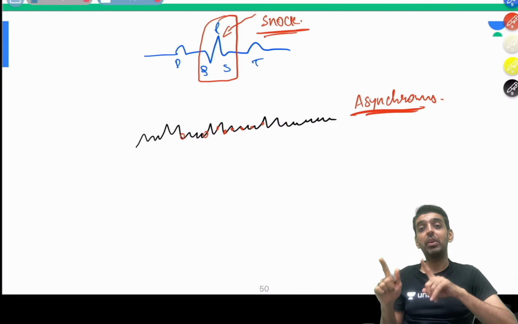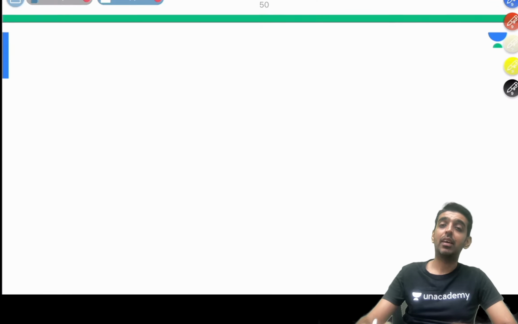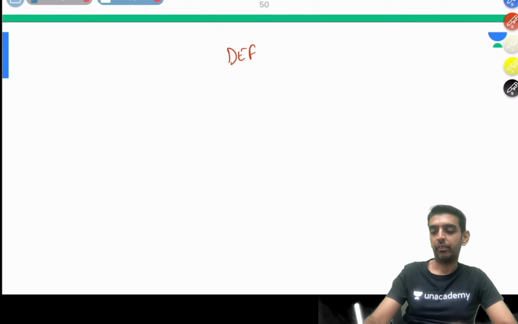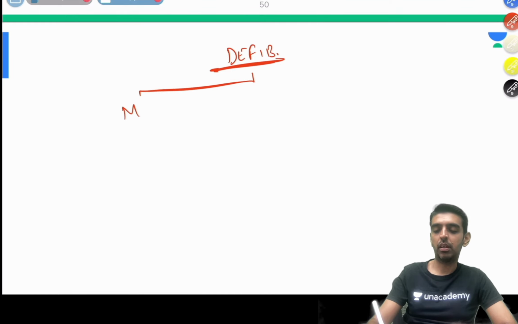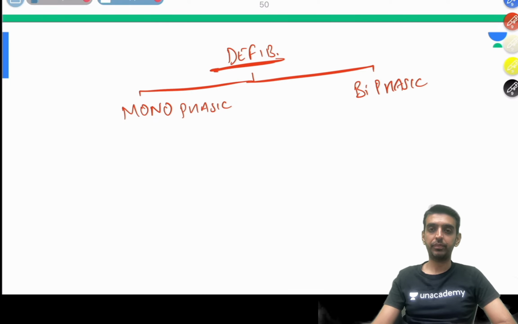Now the difference between 200 and 300 joules, right? For that we need to understand the types of defibrillators, right? There are two types. One is monophasic defibrillator. The second one is biphasic defibrillator.